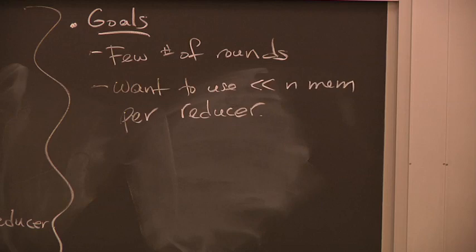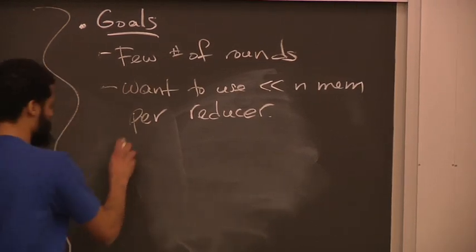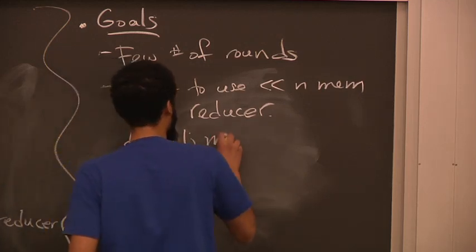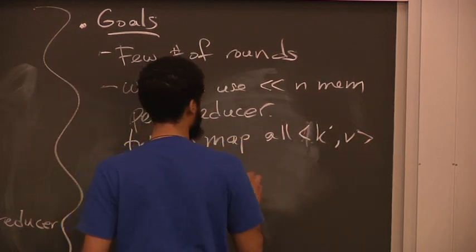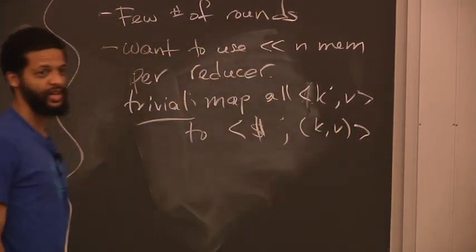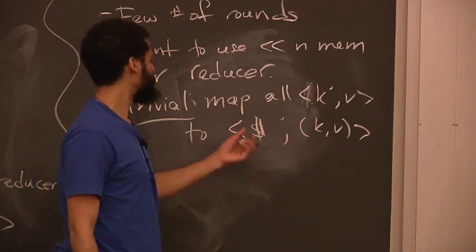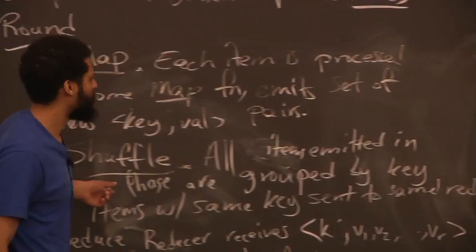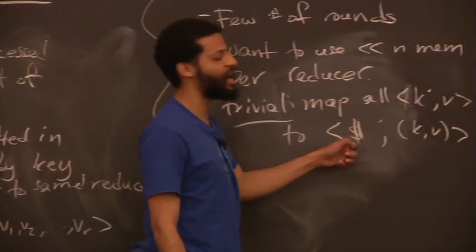So you could imagine one trivial thing I could do is to map all key value pairs to something like this: if I map all key value pairs in the input to the key $ with the value k comma v, then by the semantics of shuffle, all items that have the same key get sent to the same reducer, which means that since every item has $ as its key, they all get sent to the same reducer.